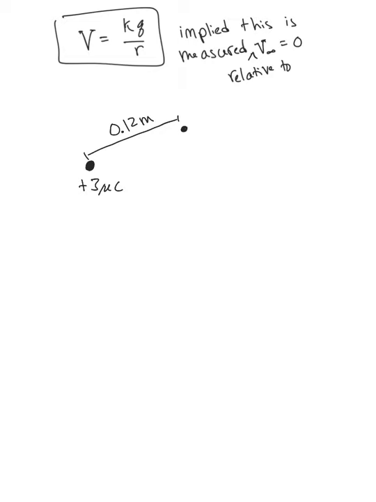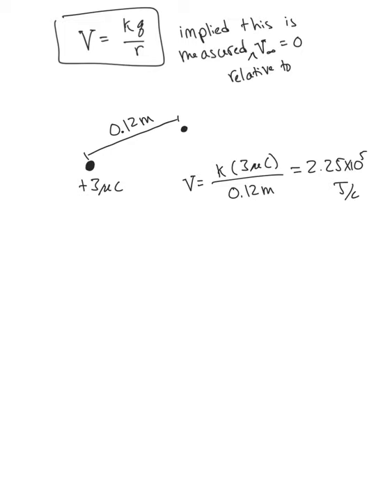We can write the absolute electric potential at that spot as k times 3 microcoulombs divided by 0.12 meters, which turns out to be 2.25 times 10 to the 5th joules per coulomb, or volts.